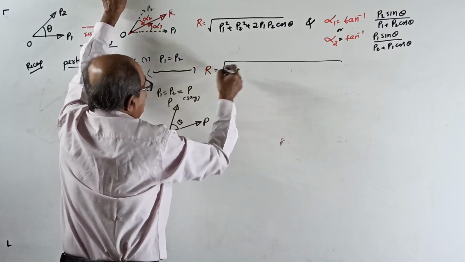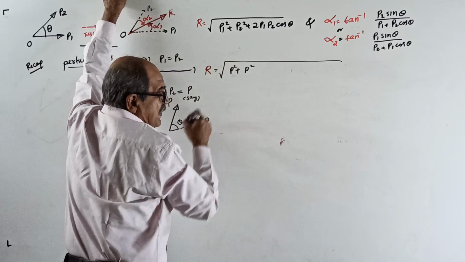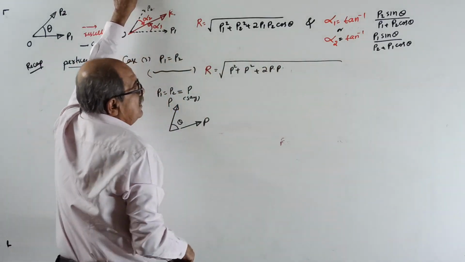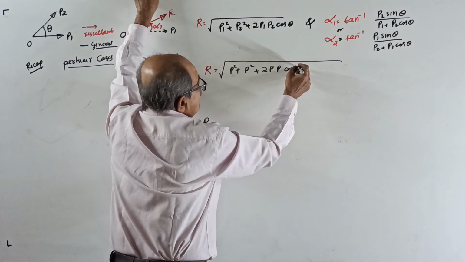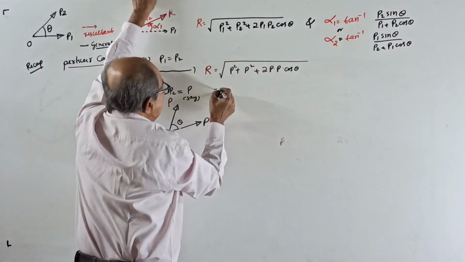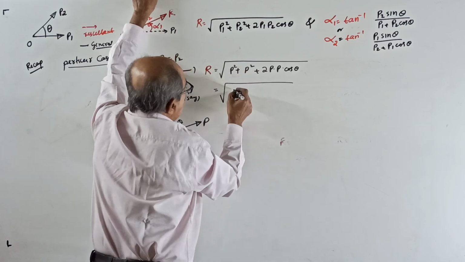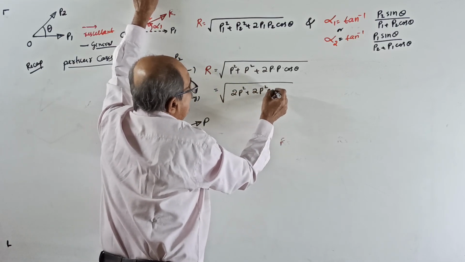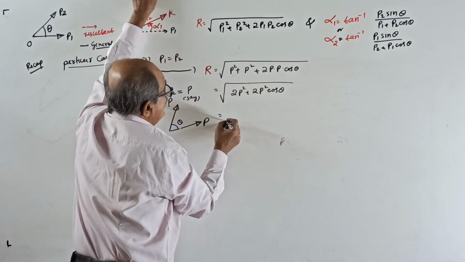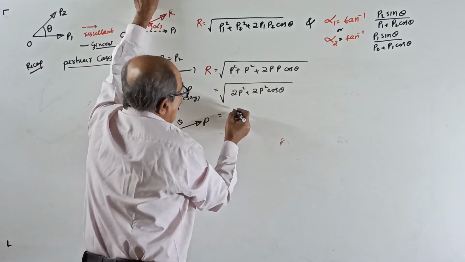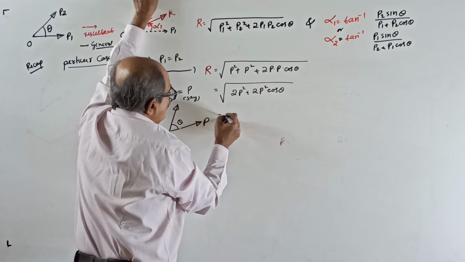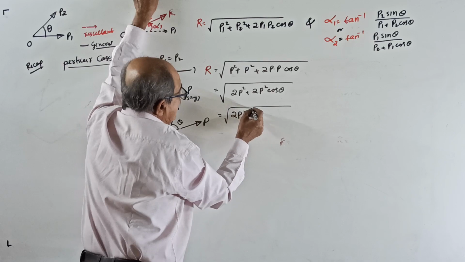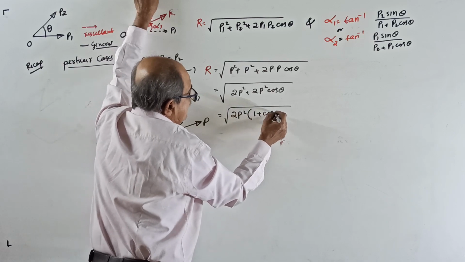root of P1 square plus P2 square, that is also P square, plus 2 into P1 into P2 into cos theta. Or if I simplify, root of 2P square plus again 2P square into cos theta. Or I can take 2P square outside: root of 2P square into 1 plus cos theta.